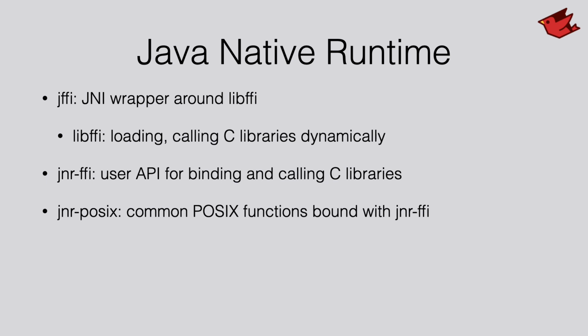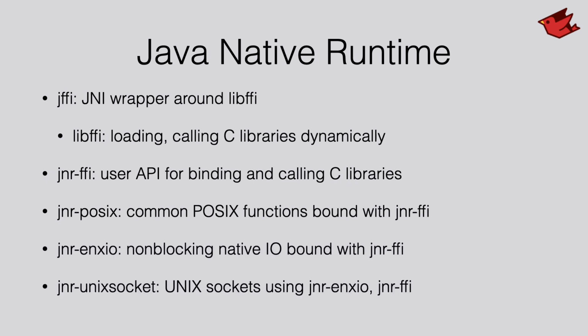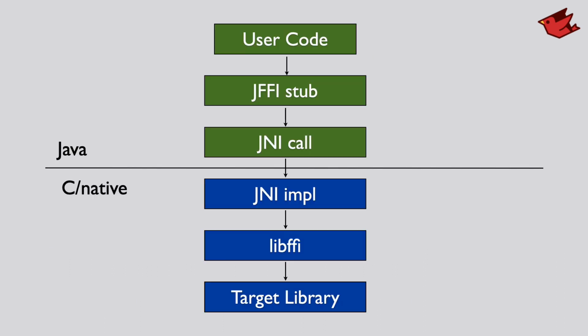We have several common POSIX functions bound, which JRuby uses internally to have better compatibility with CRuby. And then a couple additional libraries like bringing native I/O into the JVM in a way that it recognizes it as a standard I/O channel, an implementation of Unix sockets so that JRuby can do Unix sockets long before any other JVM code could.